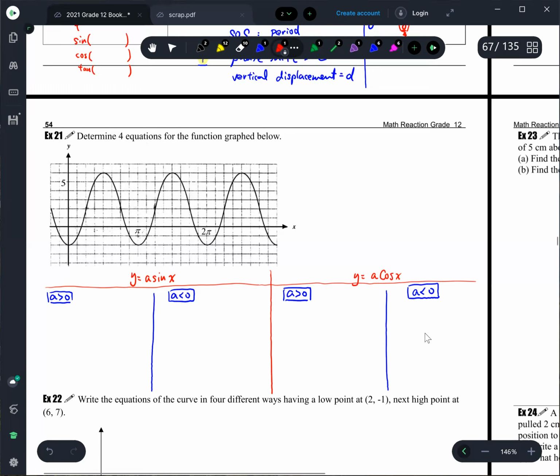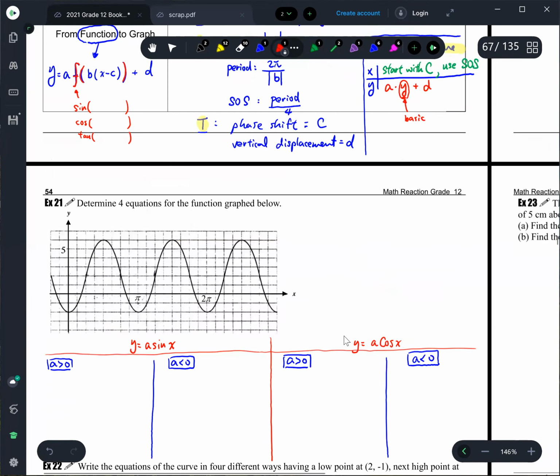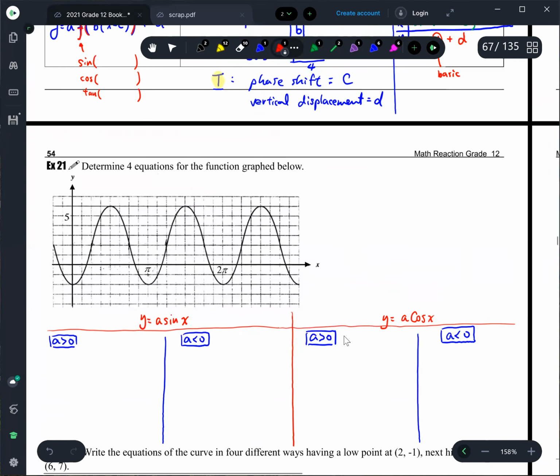Draw the chart. Okay, Jocelyn, are you done?